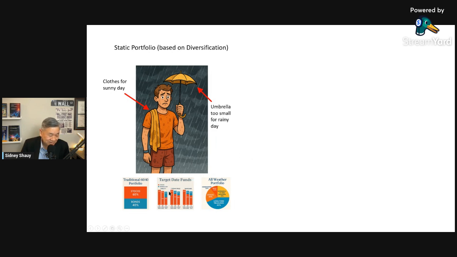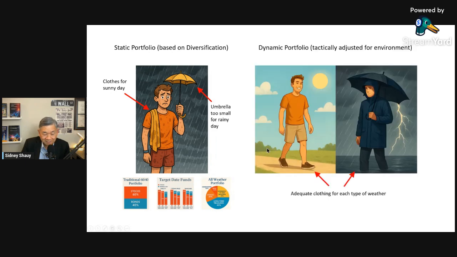It's just like here. You don't know if you're going to encounter a bull market or bear market, so you have a little bit of stocks, a little bit of bonds, and see what happens. That's pretty much what this guy is doing. Whereas when you have a dynamic portfolio that's adjusted for the environment, it's just like you're wearing adequate clothing for each type of weather. Sunny day, appropriate clothing, and so on and so forth. Okay, so that's the difference.